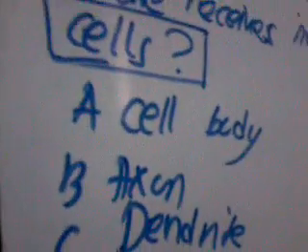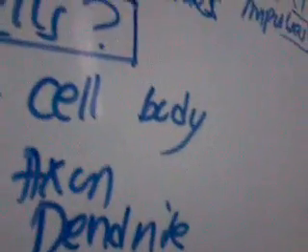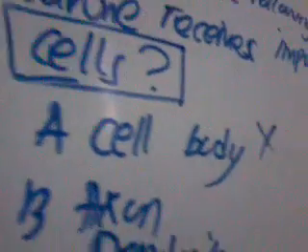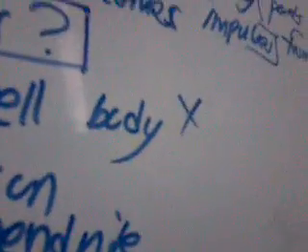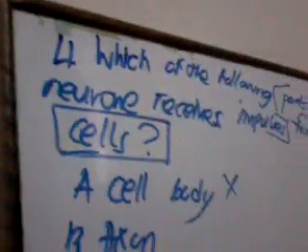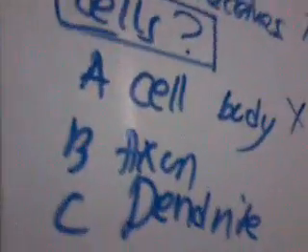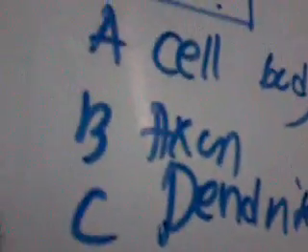Okay, let's go to the options. A, cell body, is definitely wrong. It doesn't receive impulse from other cells, it only receives from one cell. So A is out. B, axon.